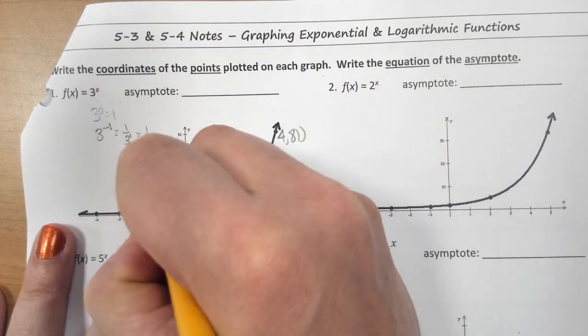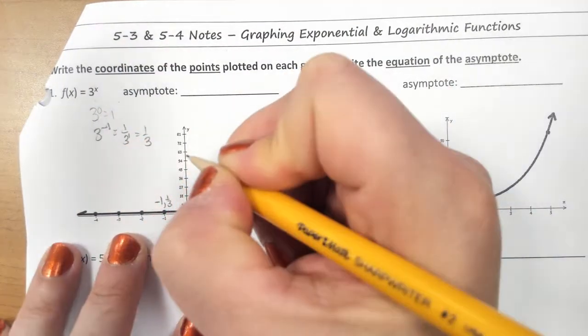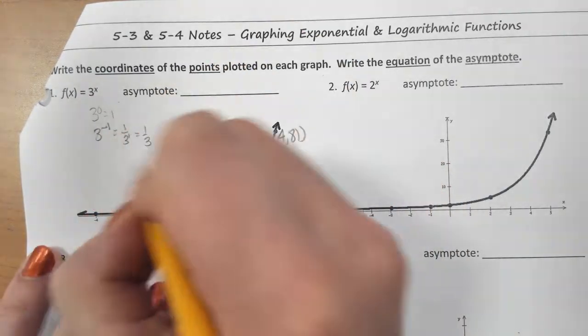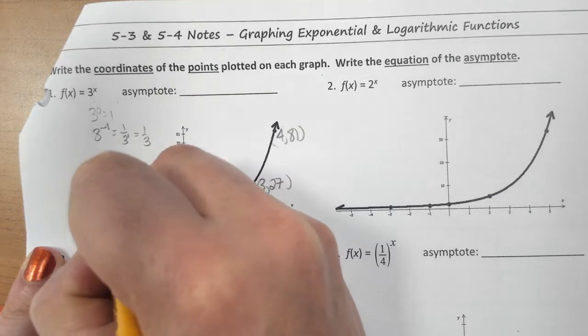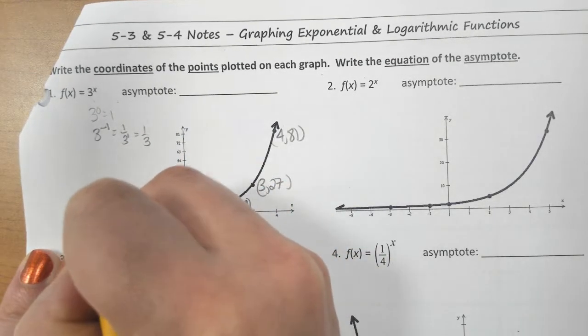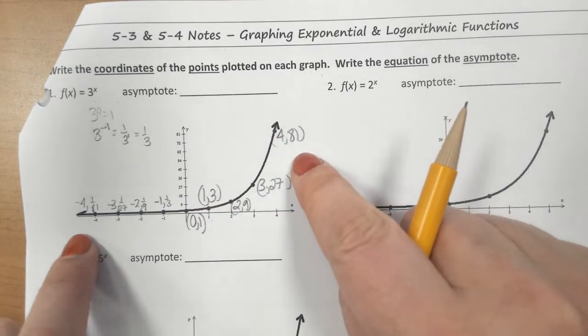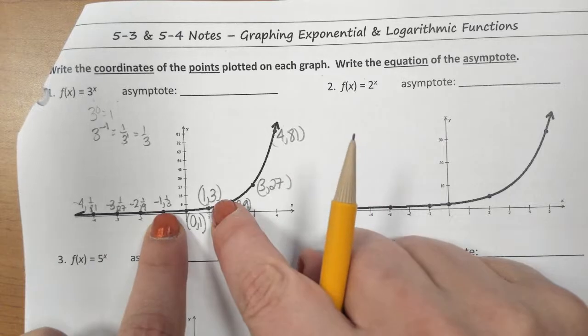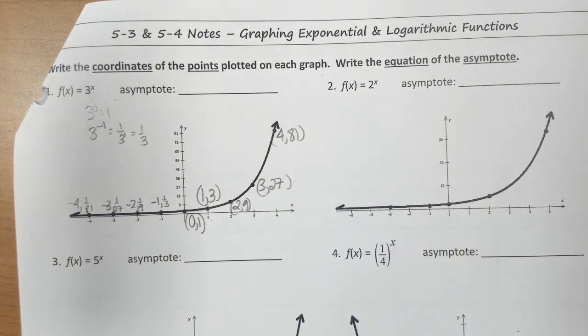When we plug in negative 2, we get 1/9. Negative 3 gives 1/27, and negative 4 gives us 1/81. So it's basically the reciprocal of all of the other points that we had.